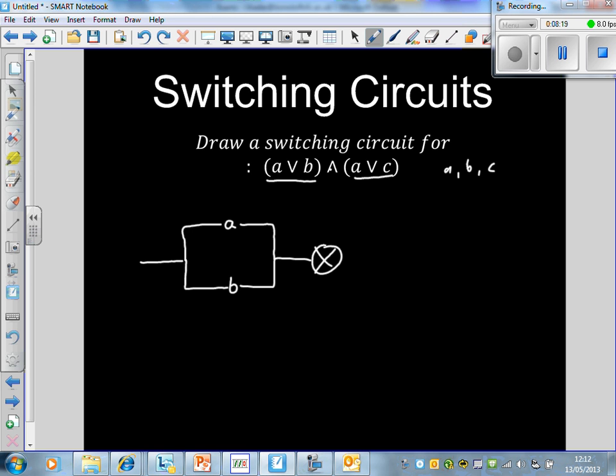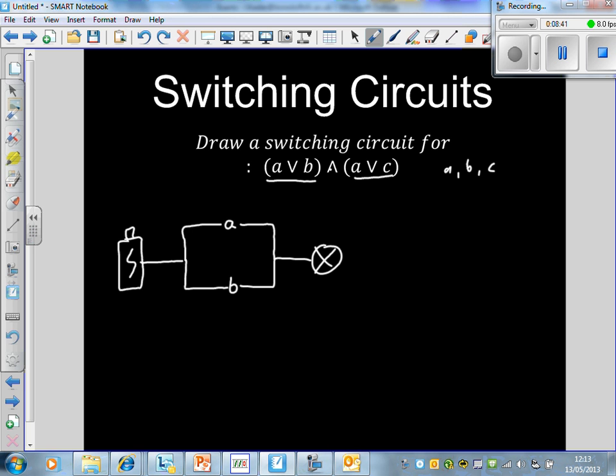Because if we have a light bulb here, and we don't usually draw the light bulb, and if A is on, then if we have a power pack here, we don't draw the power pack. There's our battery. I don't know if that's the proper physics way of doing it, but who cares?